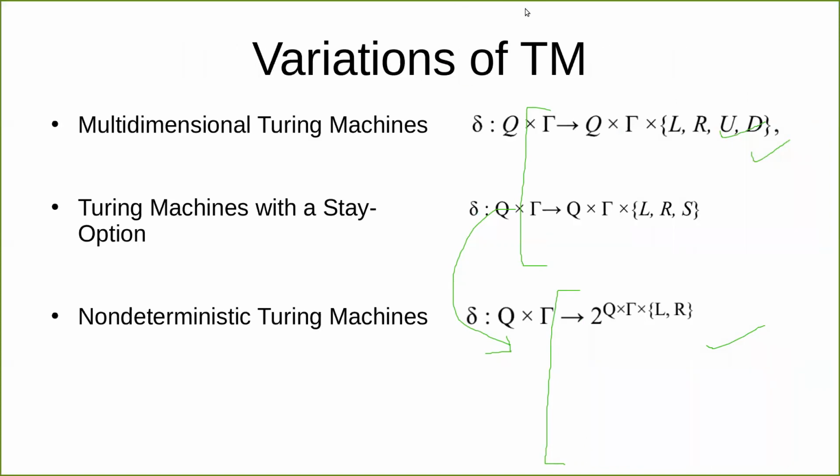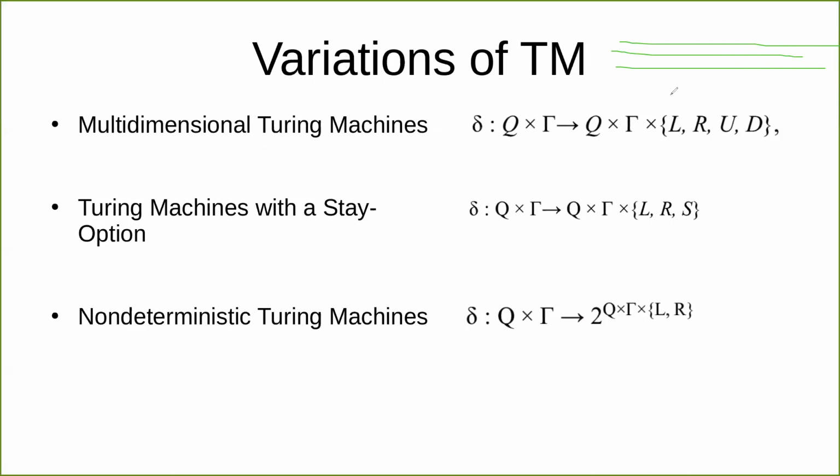Another variation of the Turing machine is, like, there are multiple, but I have written down three variations of the Turing machine. There's a multi-dimensional Turing machine. Here the tape is with multiple directions. It is not similar to the multi-track Turing machine.